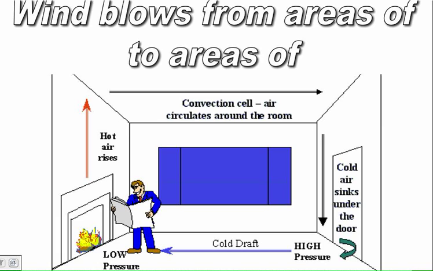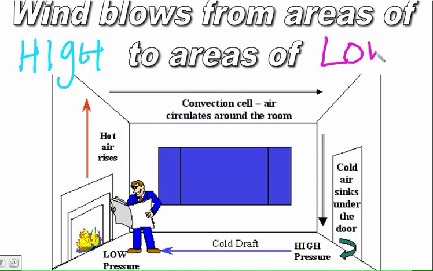Now, as that air is moving around, we know it's always going to go from areas of high pressure to areas of low pressure. Air basically has a job to keep the atmosphere balanced. It's trying to take areas with extra air pressure and balance it out to areas with low air pressure.